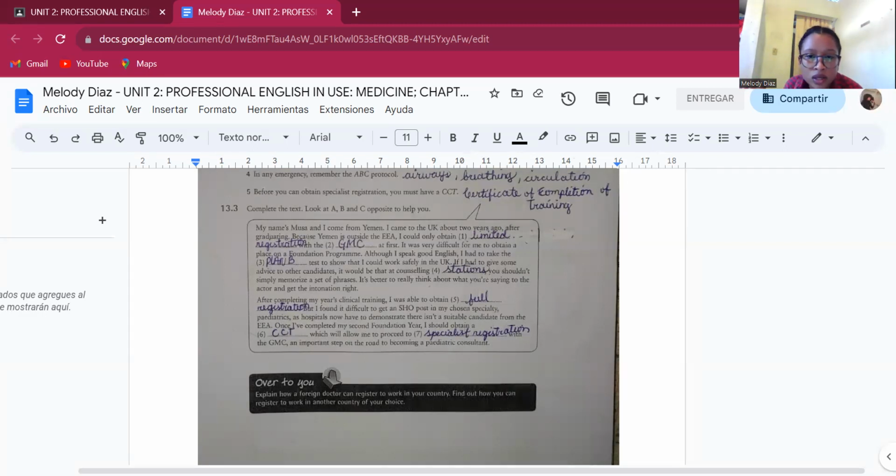If I had to give some advice to other candidates, it would be that at counseling stations, you should not simply memorize a set of phrases. It's better to really think about what you're saying to the actor and get the intonation right.